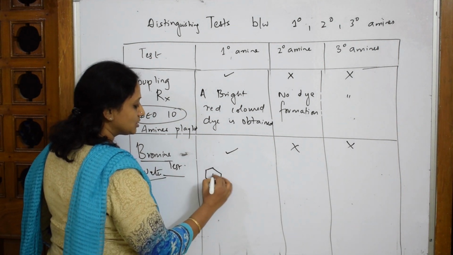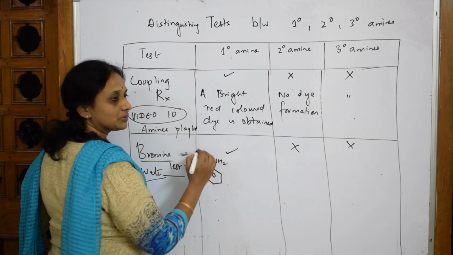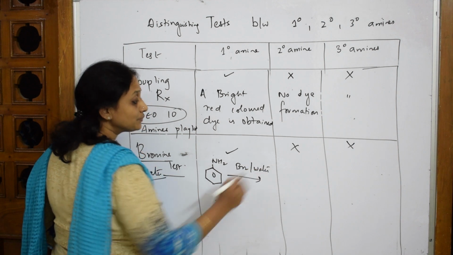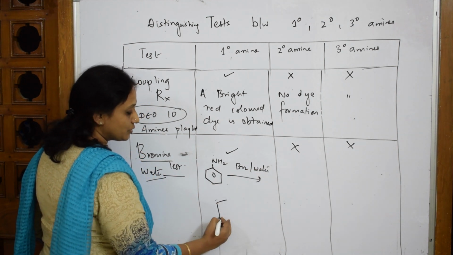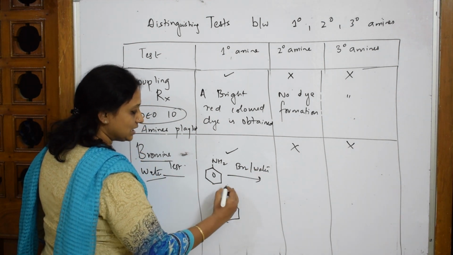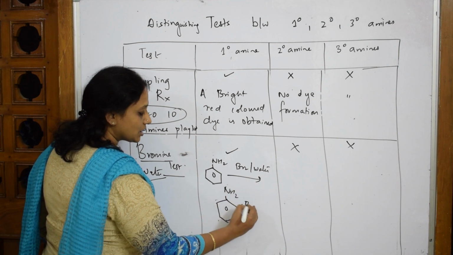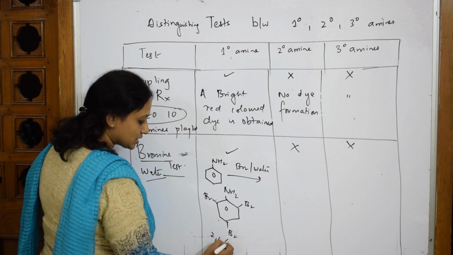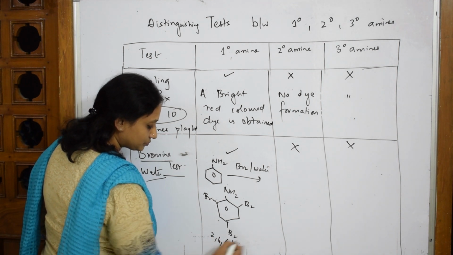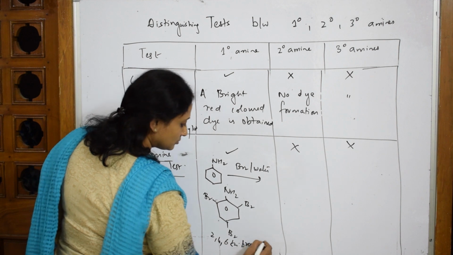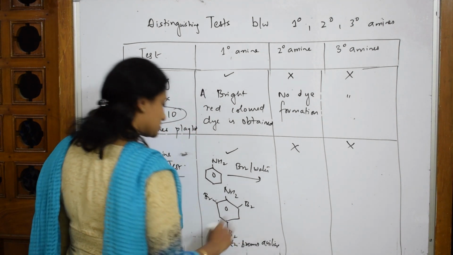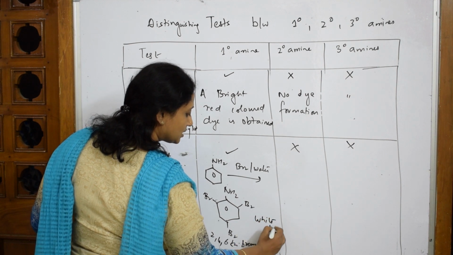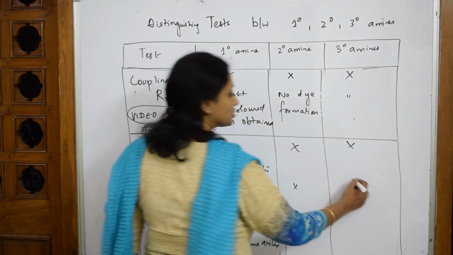Now this is your aniline, a primary aromatic amine, in the presence of bromine water. We very well know it's going to form 2,4,6-tribromoaniline. So the color of this is a white precipitate. Done. Here no reaction, here also no reaction.